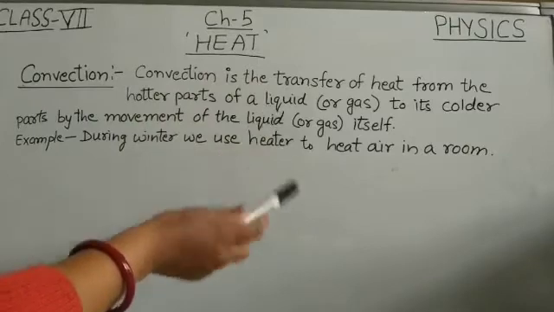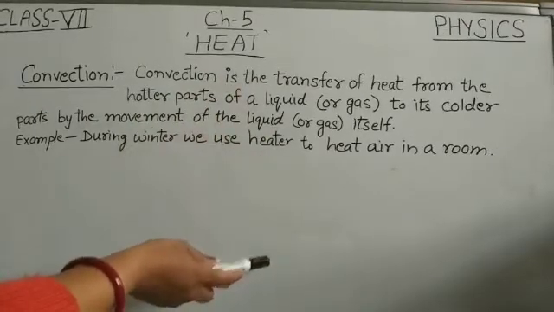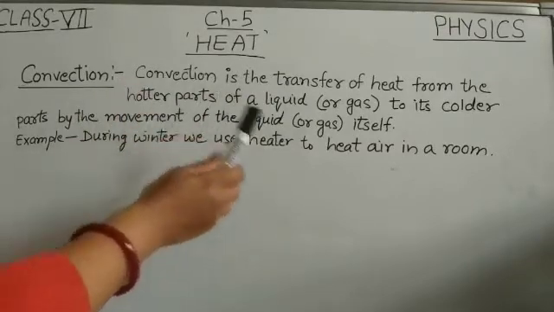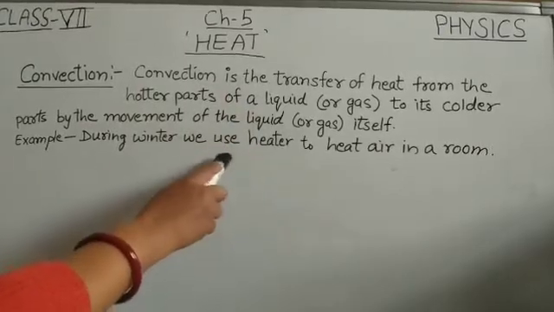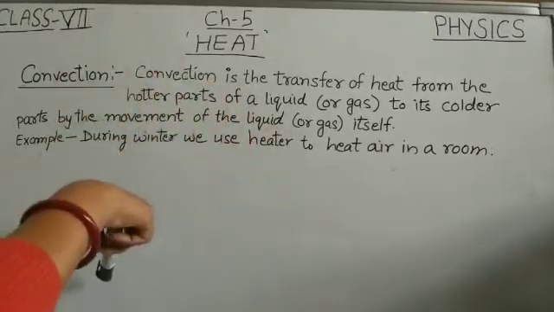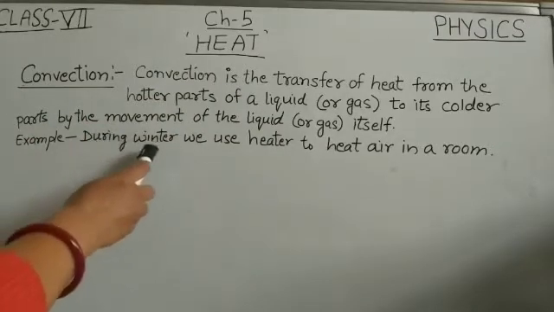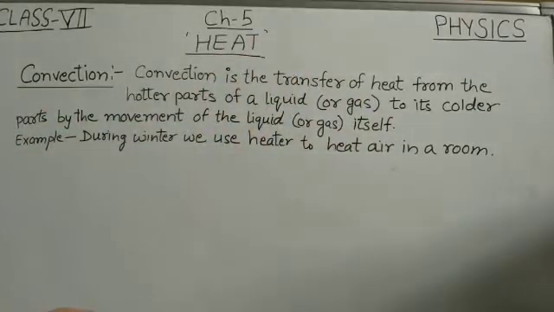Clear? So we can say the transfer of heat by convection can take place only in liquids and gases because the particles in liquids and gases can move about freely. An example of convection is that during winter we use a heater to heat air in a room.